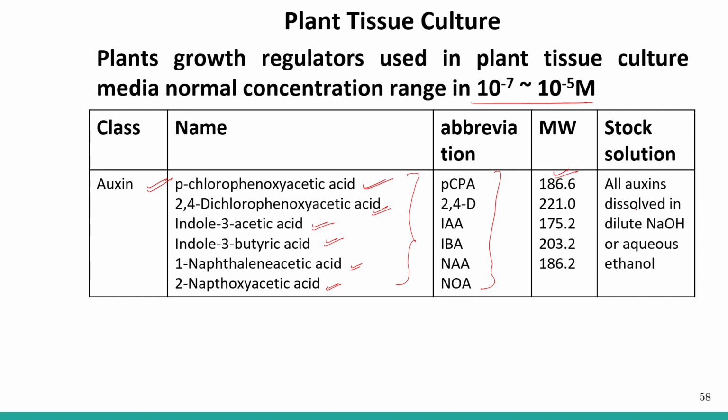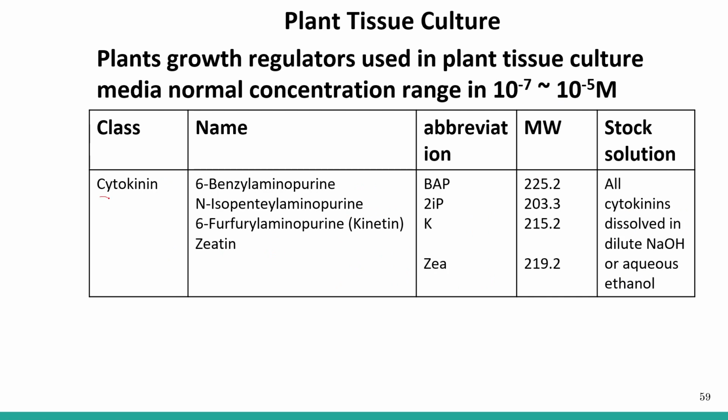and all auxins are dissolved in dilute NaOH or aqueous ethanol. So according to the culture medium which we are preparing, we require auxin. Any of the auxins we can use, right? Cytokinins: 6-benzyl aminopurine, N-isopentenyl aminopurine, 6-furfuryl aminopurine, also known as kinetin, and zeatin is also there.